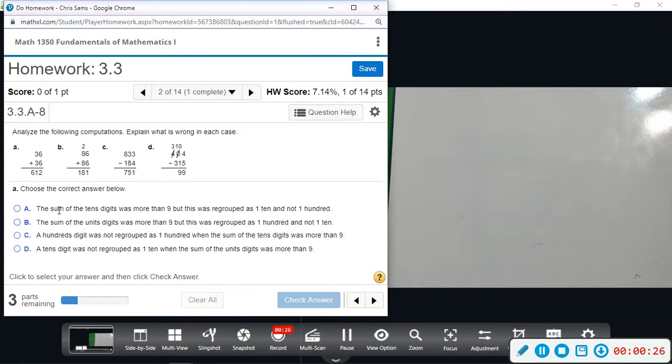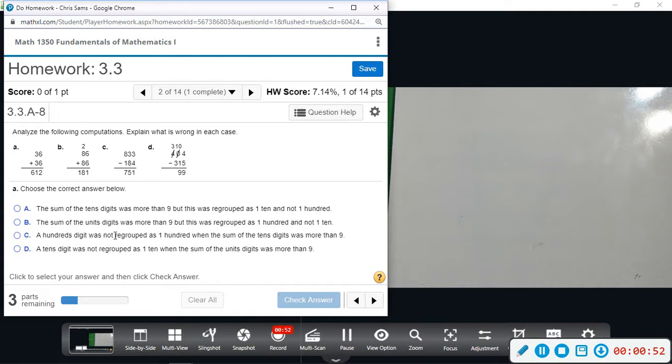Okay, so it says the sum on B, the sum of the units digit was more than 9, but this was regrouped as the hundreds, not the tens. It looks like it was regrouped as the tens. I'm not really sure how to explain what they did. The sum of the 10 digits was more than 9, but this was regrouped as 110 and not 100.